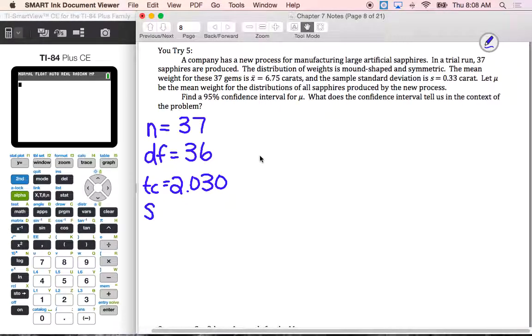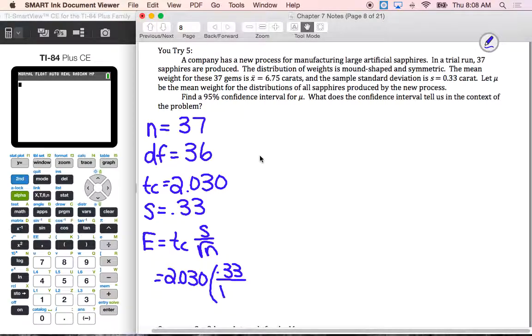We also need to know what our s is. They say 0.33. So E is equal to t_c times s over square root of n. So we've got 2.030 times my s, 0.33, over square root of 37. When I type that in, it looks like we should have about 0.11.